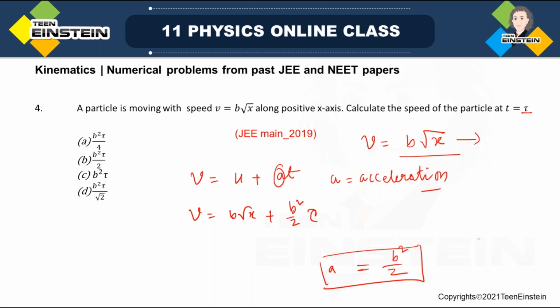Okay, so actually there was a clue here. Take the particle, or assume the particle is at the origin at t is equal to 0. That is what has been told, and so the velocity also will be 0. So initial velocity would be 0.